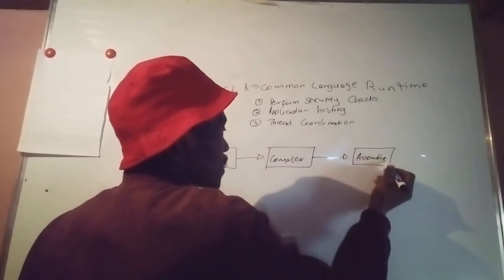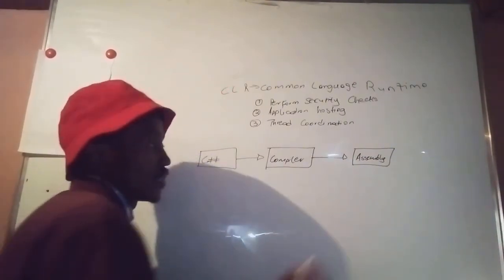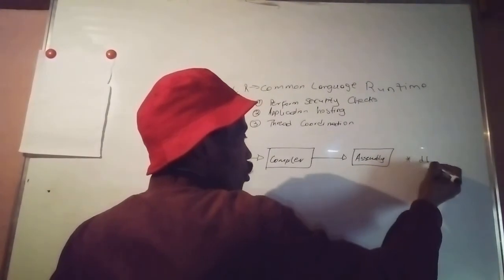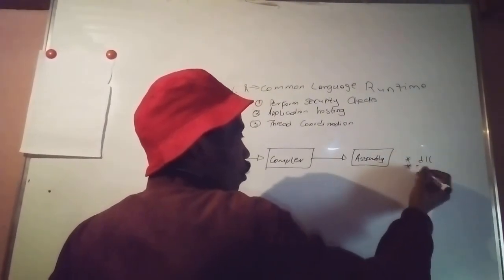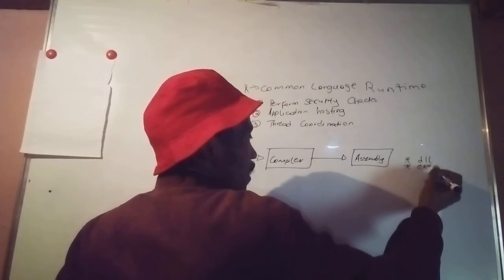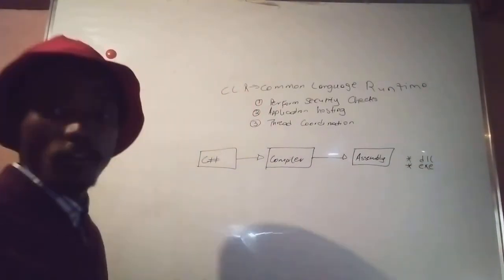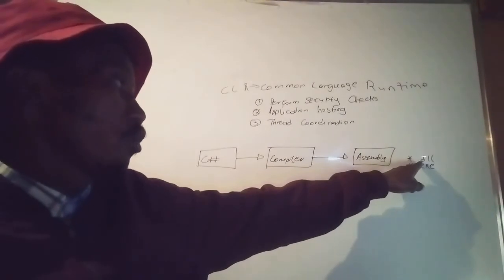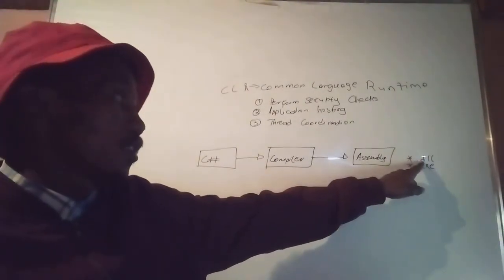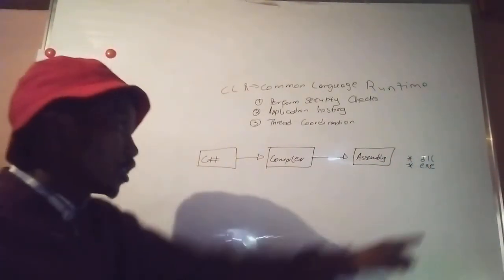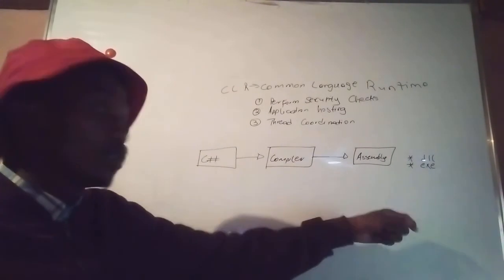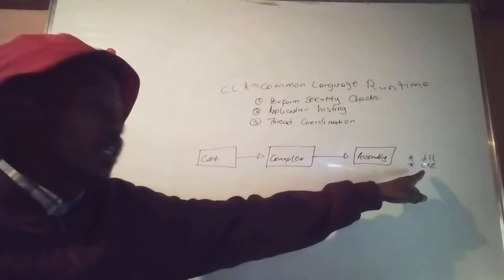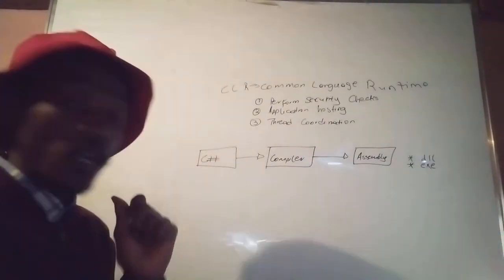An assembly is a file which will take the file extension .dll or .exe, depending on the type of application that you'll be writing. If you are writing a class library, your assembly is going to take the .dll file extension. But if you are writing an executable application, your file is going to take the .exe file extension.